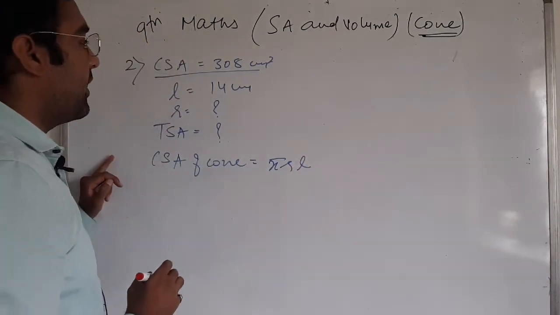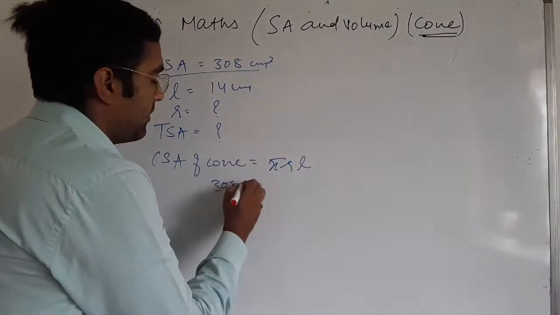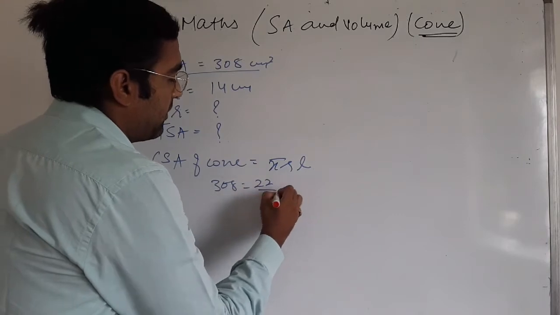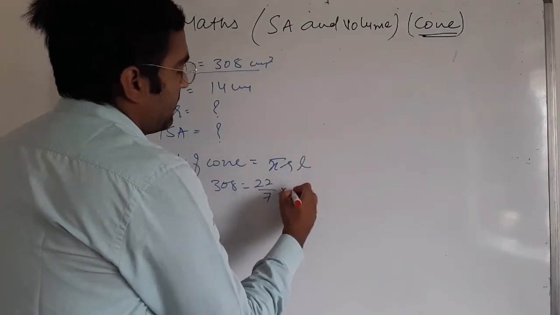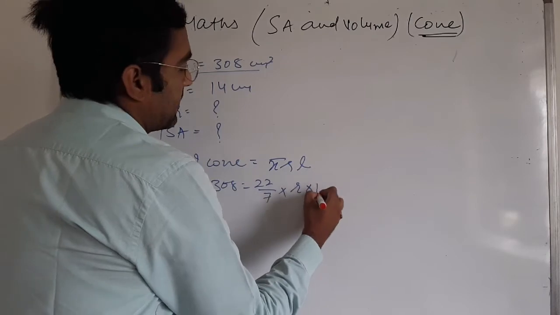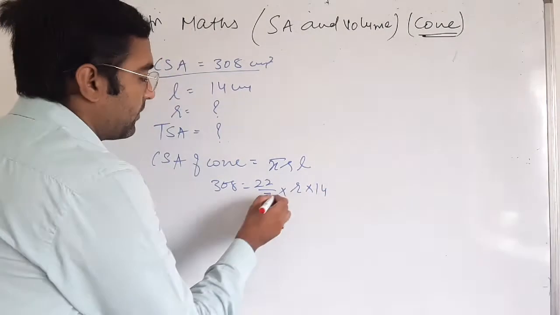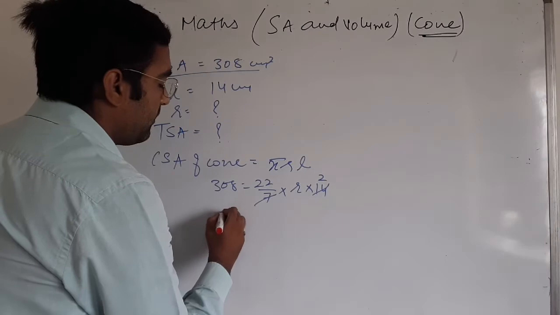We put in the values: 308 equals 22/7 into radius, which is not given, into slant height, which is given as 14. So 7 twos are 14.